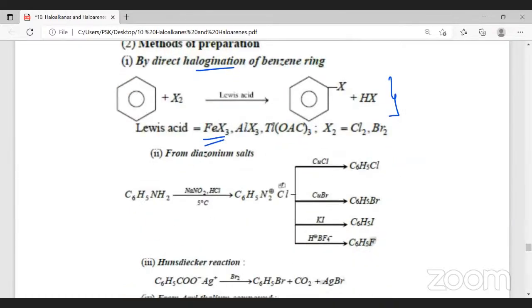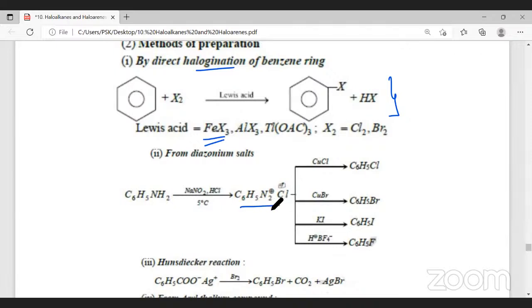Now, the next one is from aniline. Aniline is C6H5NH2. This is aniline. Firstly, we will try to understand the reaction of aniline with NaNO2 and HCl, sodium nitrite.